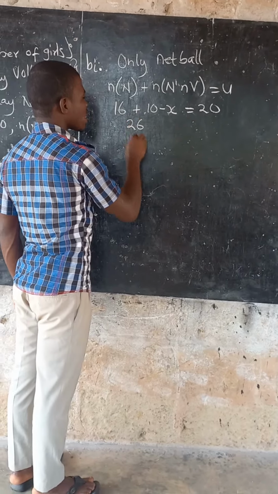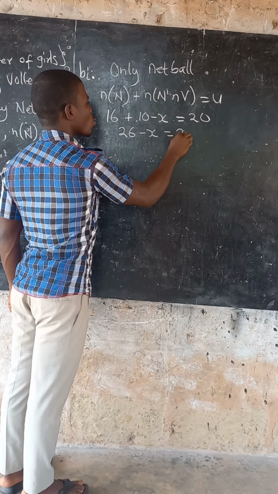So here you have 26 minus x is equal to 20.